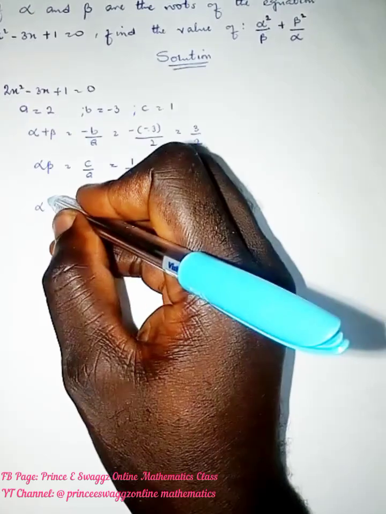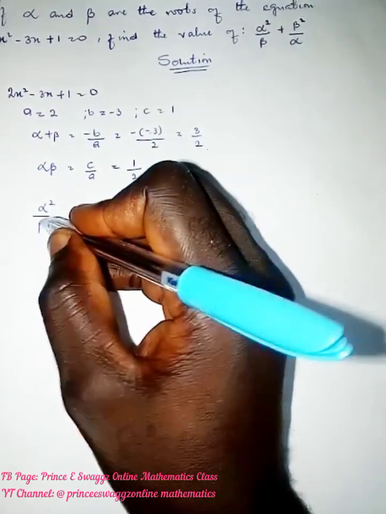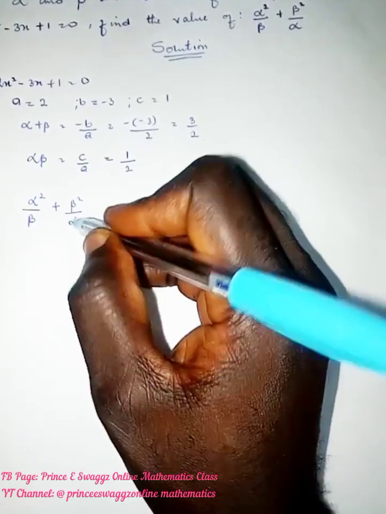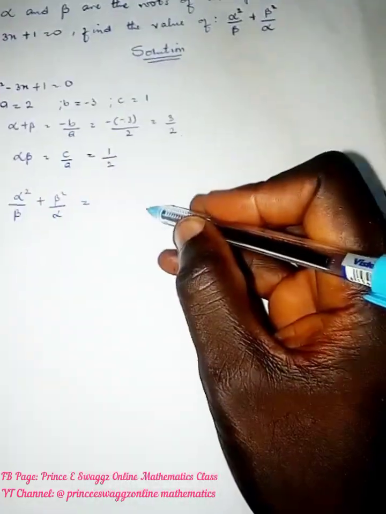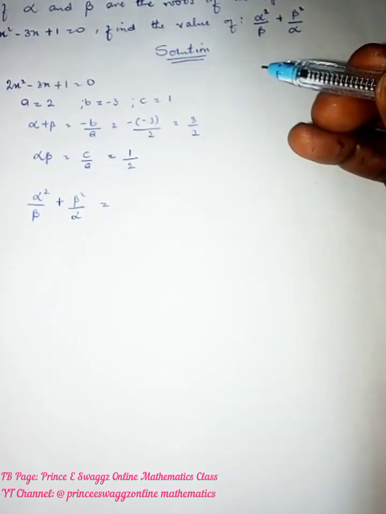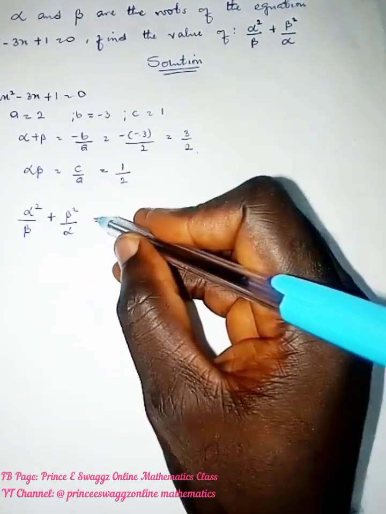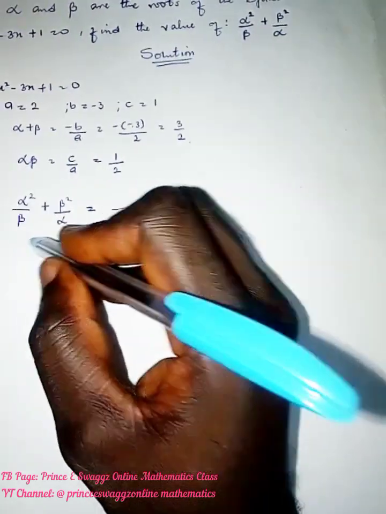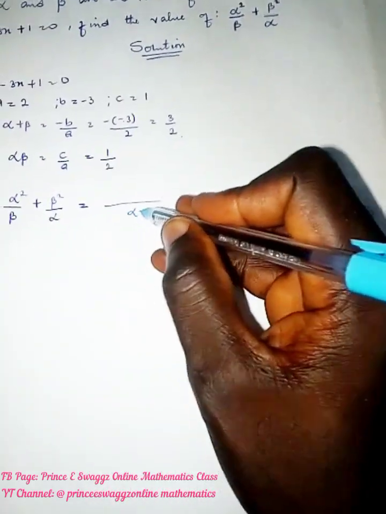We have alpha squared over beta plus beta squared over alpha. We have to put this in terms of sum of roots and product of roots. So the first thing you are going to do here is find the LCM. LCM of beta and alpha will give us alpha beta.